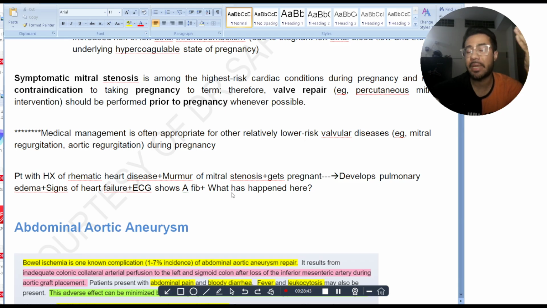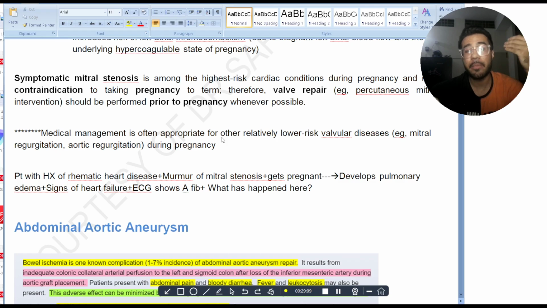So what has happened here is basically the patient had a history of rheumatic heart disease, and initially might have developed mitral regurgitation, then developed mitral stenosis, and the patient was asymptomatic. And the patient didn't know about it. The patient got pregnant, and what happened after that? Since the patient had mitral stenosis, there was atrial dilation going on in the background.